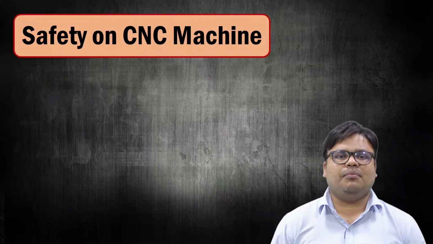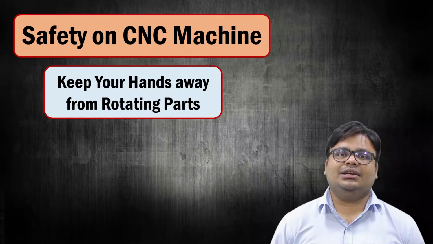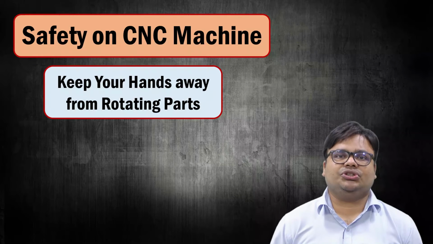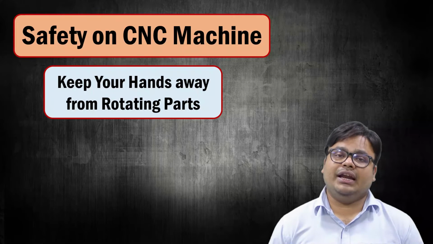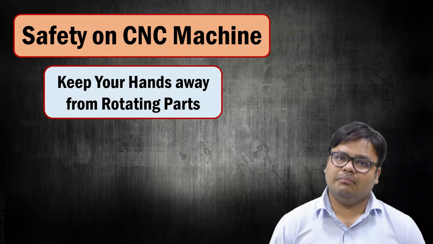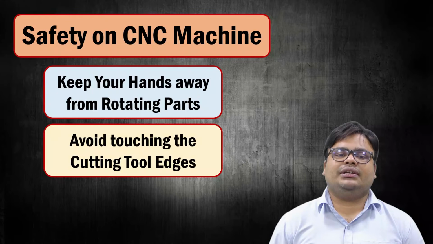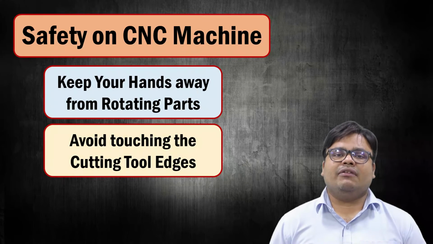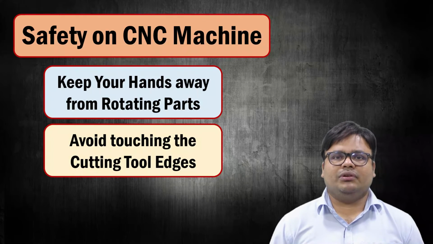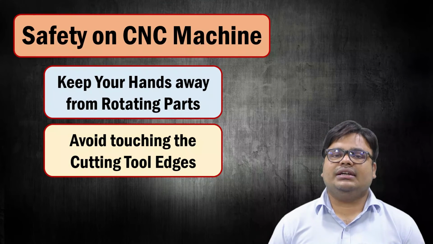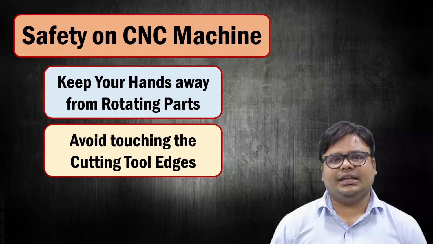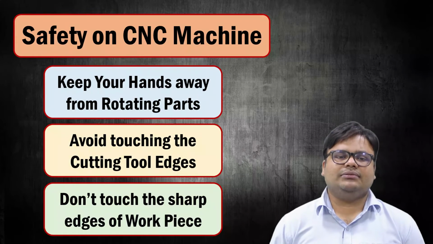The other safety points on CNC machines: keep your hands away from rotating parts, because there are a lot of rotating parts on the machine. Please keep yourself and others away from them. Avoid touching the cutting tool edges, especially when changing tools or transferring them from one place to another.